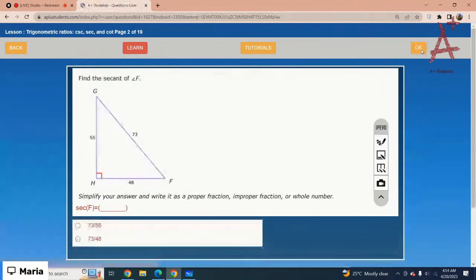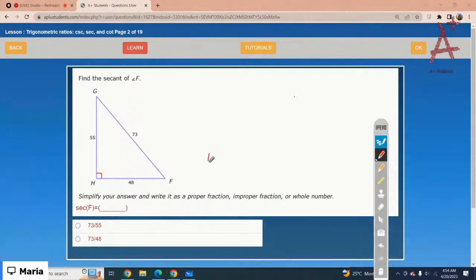Okay, the next one is find the secant of angle F. So angle F, where is angle F? Here is angle F. And you need to calculate secant of, what's wrong with the whiteboard? I don't know. We have to calculate the secant of angle F. So secant is the reciprocal of cos.